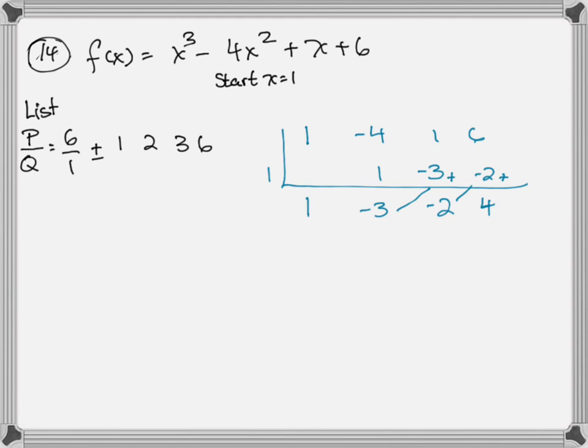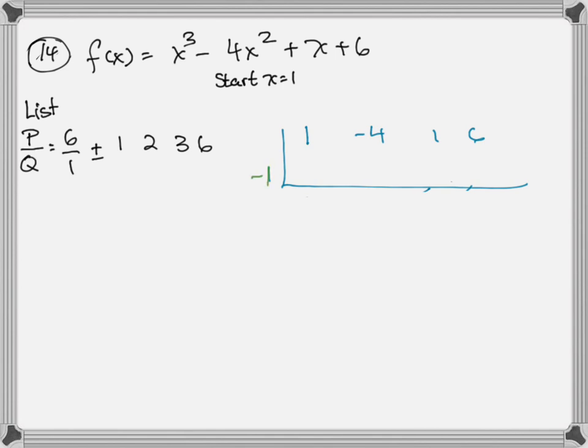Okay, so that didn't work. 1 didn't work. Then I want you to go to the next one in the list, which is a negative 1. Always use the positive and the negatives first, and go in order of your list. So now we're going to use a negative 1 because positive 1 didn't work. Negative 1. Bring down the 1.